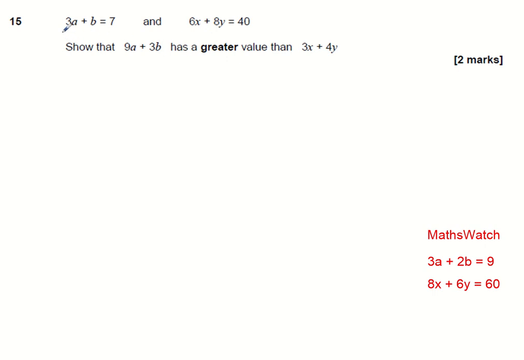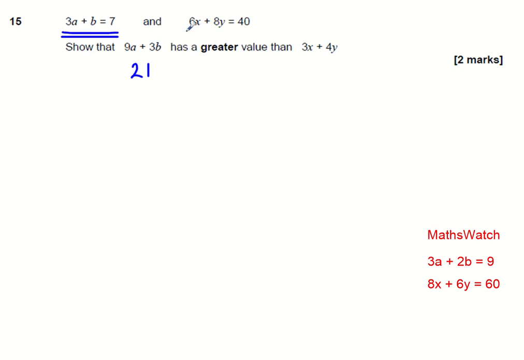If you look at the first equation, 3a plus b equals 7, to turn that equation into 9a plus 3b, we're multiplying both of these terms by 3. So this is 3 times bigger than 3a plus b, which means the answer is 3 times bigger than 7, which is 21.